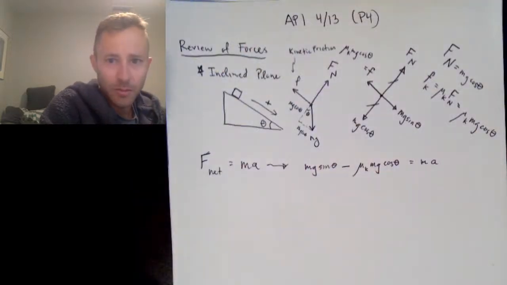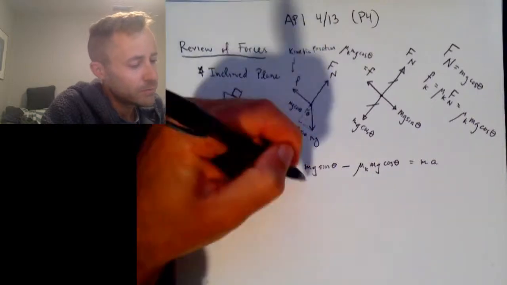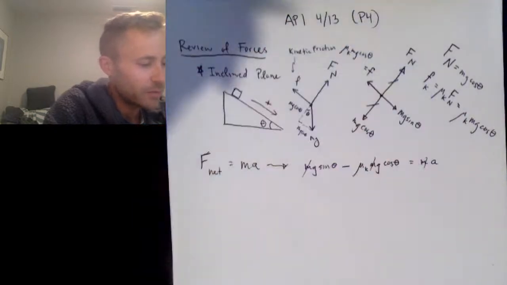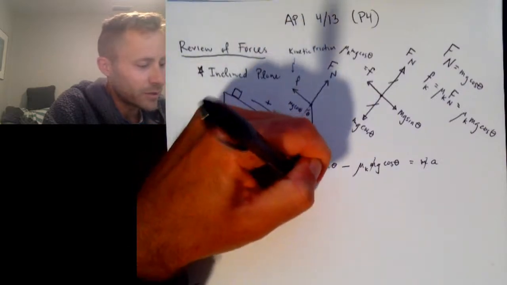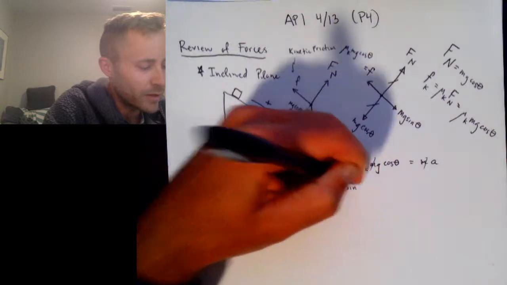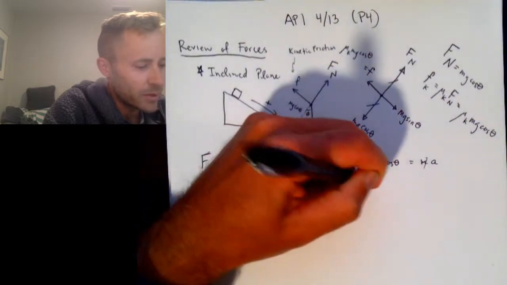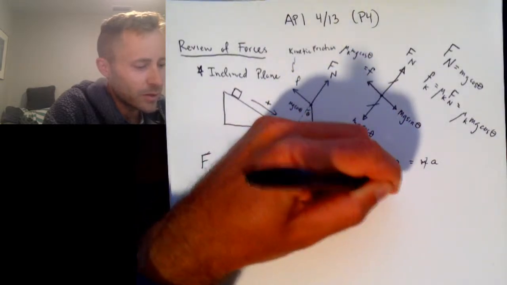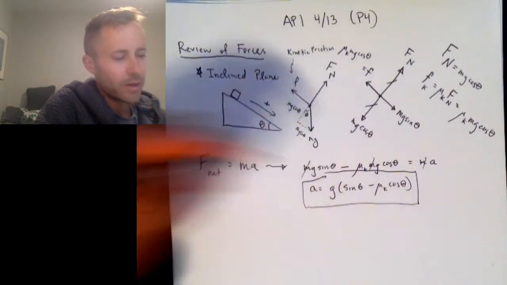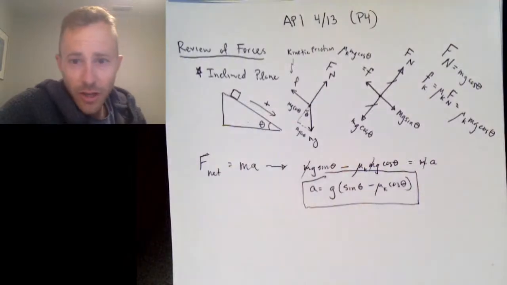Every single term has mass, so the mass cancels out, and then I get that the acceleration is equal to g times the quantity sine of theta minus mu sub k cosine of theta. There are a couple of things that can change.